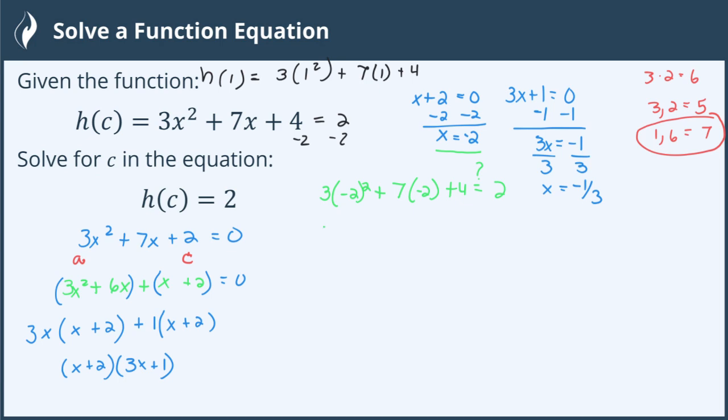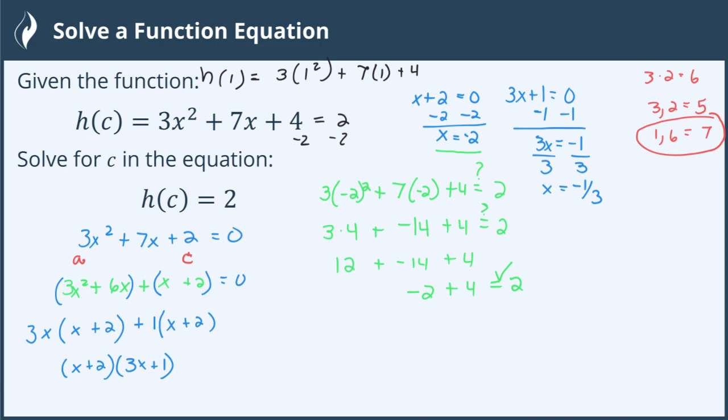This becomes 3 times 4, and 7 times negative 2 is negative 14, plus 4. So 12 plus negative 14 gives me negative 2, plus 4. Negative 2 plus 4 does indeed equal 2. So that one worked out.